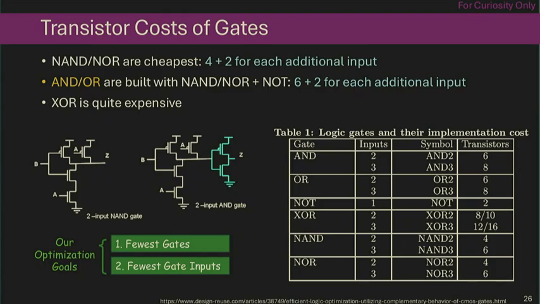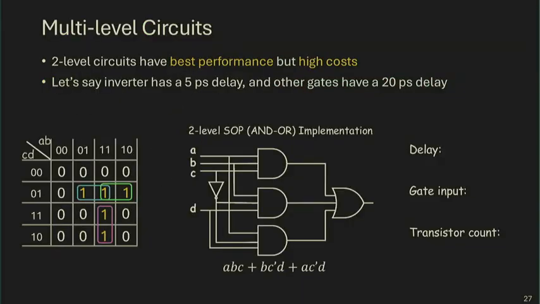The reason is that CMOS devices deal more easily with negation, and therefore these negated gates, NAND and NOR, are more efficient than AND and OR. AND and OR are actually just NAND and NOR plus an inverter at the end. An inverter takes 2 transistors, therefore you have 2 more transistors in the AND and OR gates. You don't have to remember any of those.